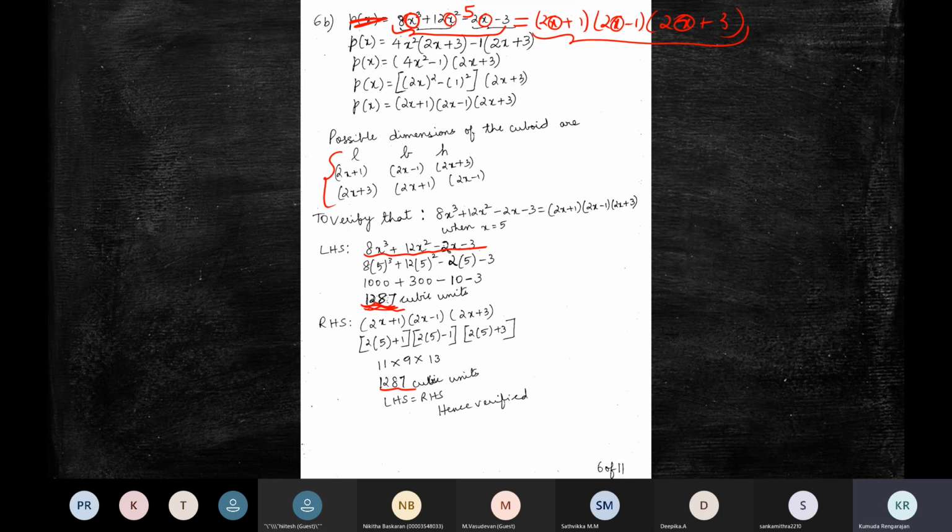Or you verified that this length, this breadth, and this height give us the given volume, that expression 8x cubed plus 12x squared minus 2x minus 3. Verification is basically working the LHS, working the RHS, and showing that the value in the LHS is equal to the value in the RHS.